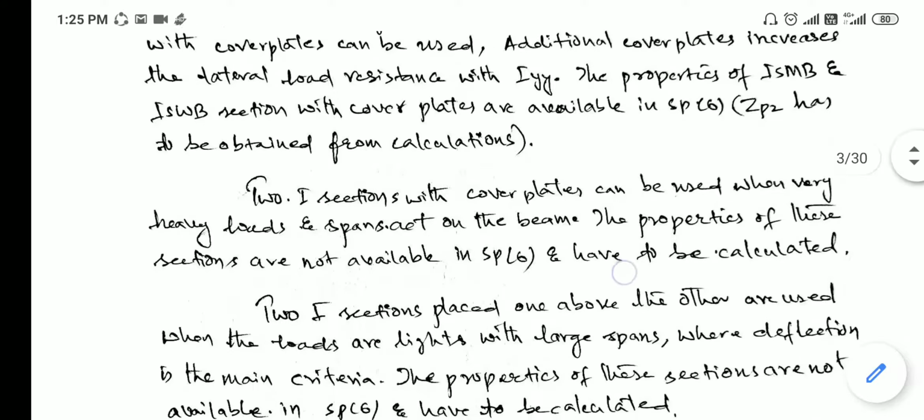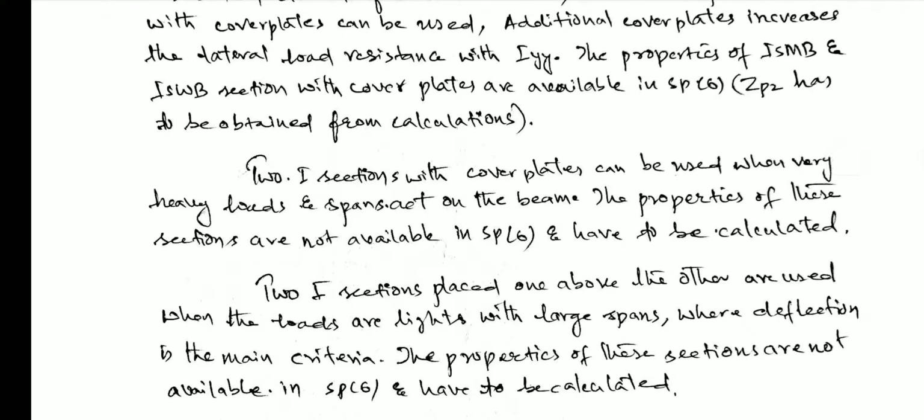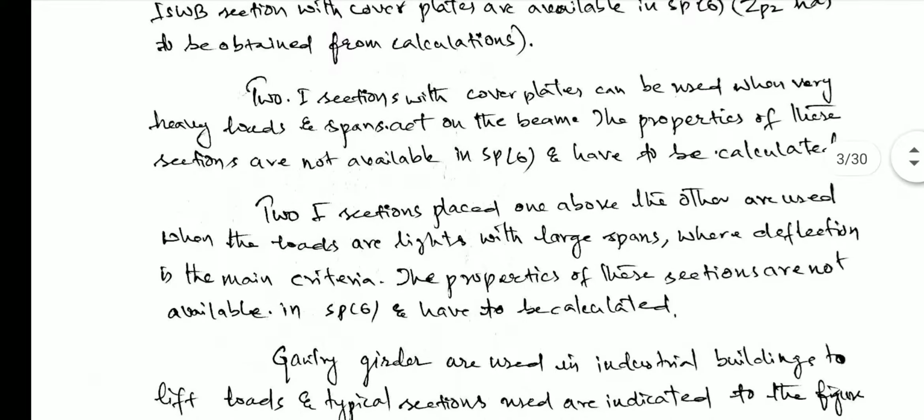Now the two I sections with cover plates can be used with very heavy loads and spans acting on the beams. We already know that two I sections can be used for heavy loads. The properties of these sections are not available in SP 6 or the steel table; you have to calculate them.